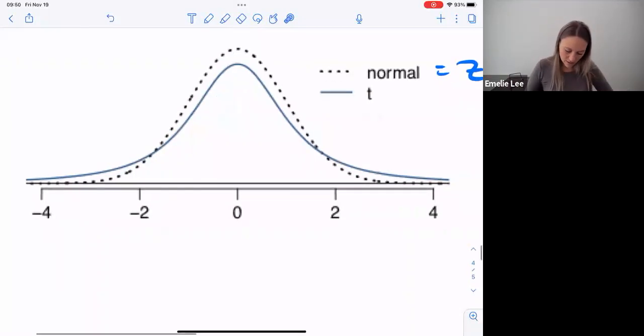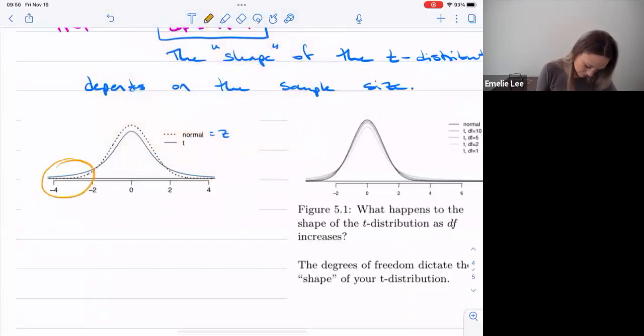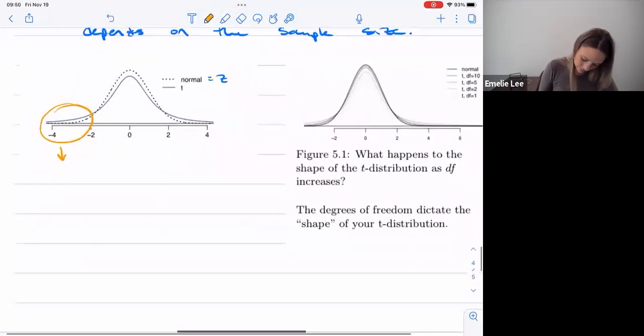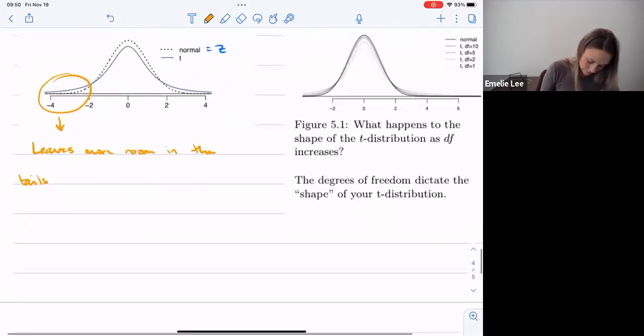And so here, it just leaves more room in the tails for small sample sizes.